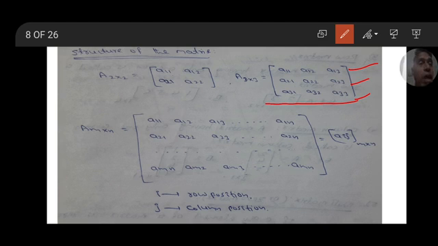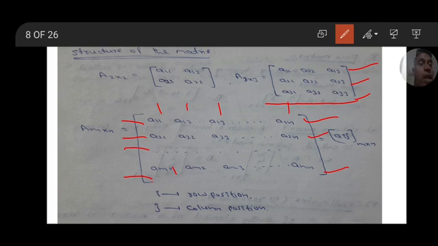A11, A12, A13 up to A1N, A21, A22, A23 up to A2N, and so on up to AM1, AM2, AM3 up to AMN, meaning first row, second row, third row, fourth row, up to M-th row. Next, columns are first column, second column, third column up to N-th column.